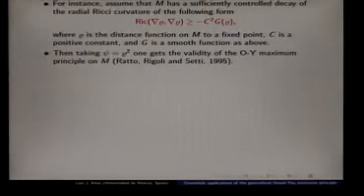Actually, in that case, taking as psi the square of the distance, we get the validity of the Omori-Yau principle on such a manifold.